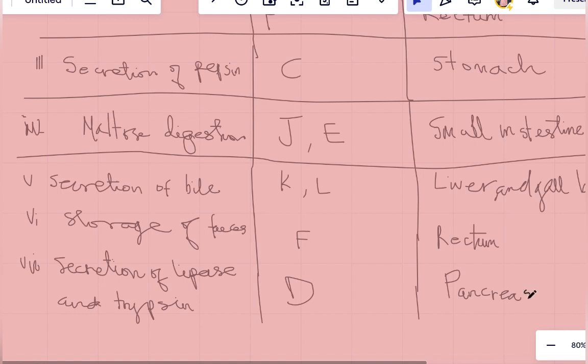Both pepsin and trypsin are protein digestive enzymes.